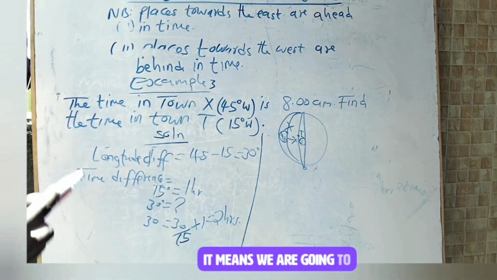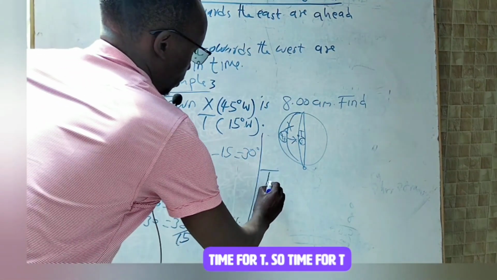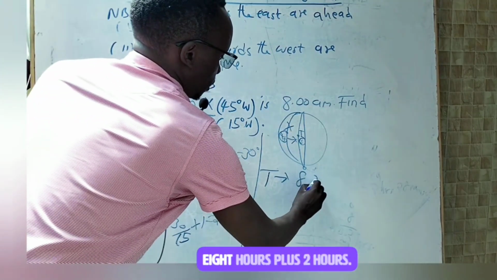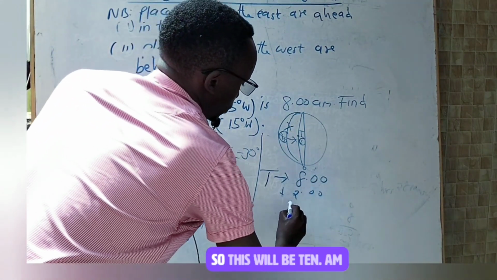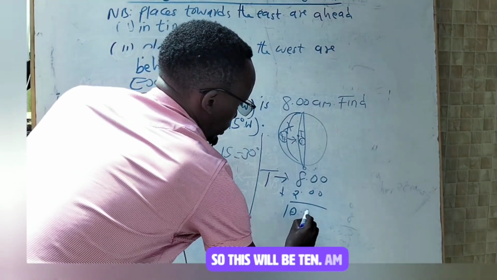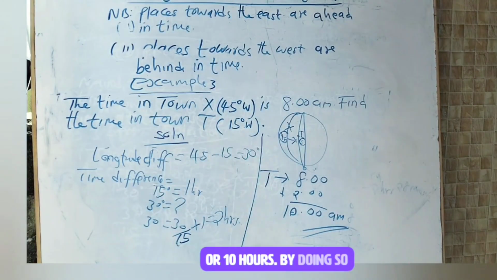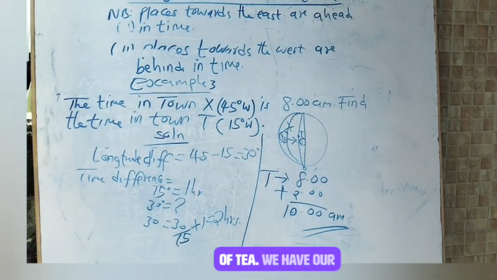So it means you are going to add this time to find the time for T. So time for T will be 8 hours plus 2 hours. So this will be 10 a.m. By doing so, you have calculated the time of T.